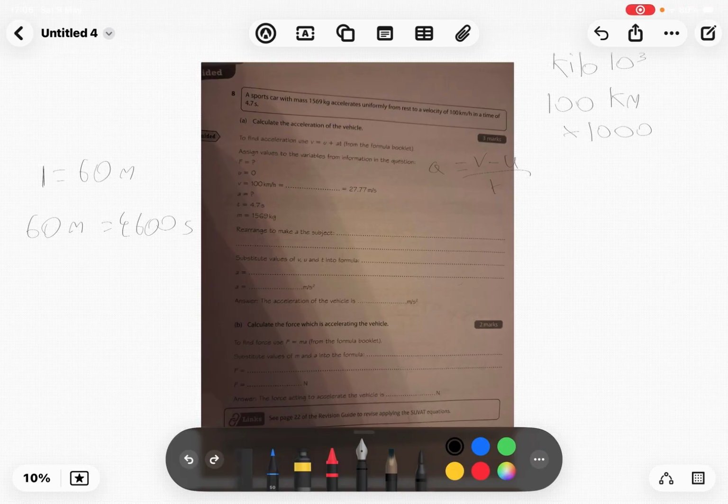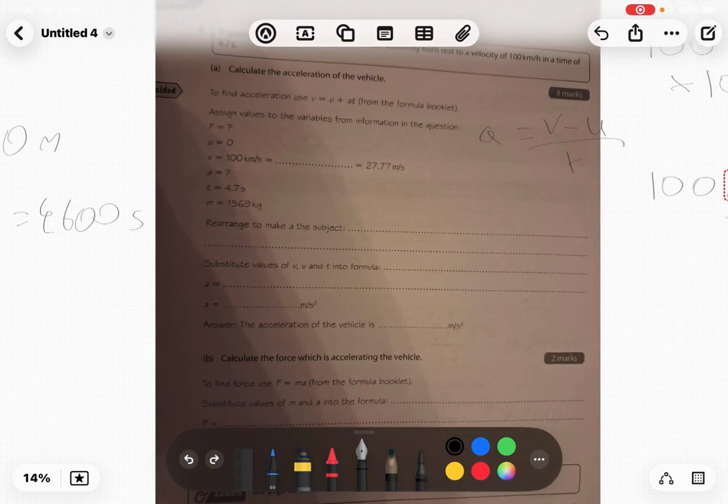So that will be times 1,000, and then straight away, whatever you get here, you can divide it by 3,600. We put it in the same one, because if you do it separately, you get a different answer. So just make it all together, so you don't get confused.